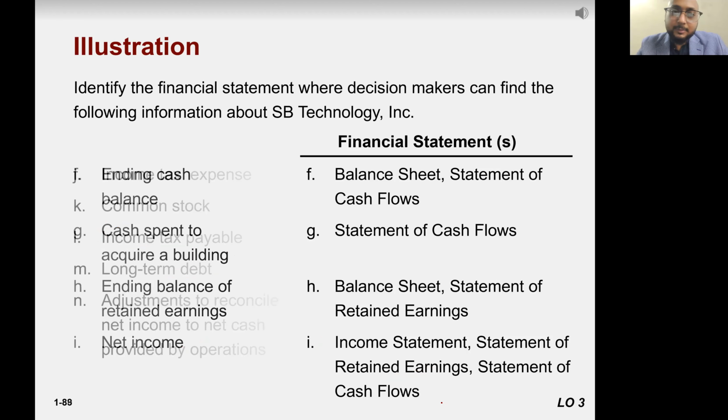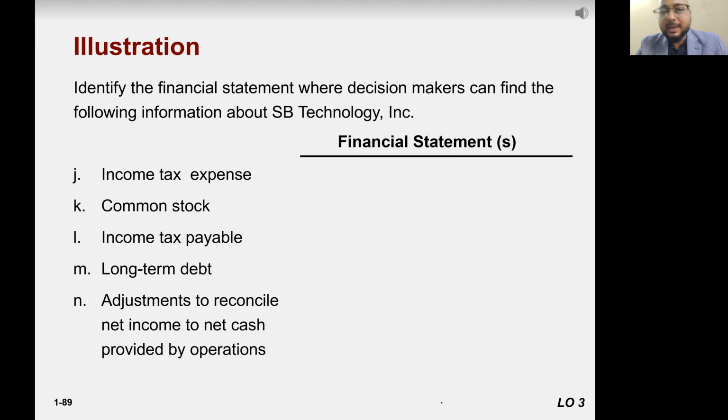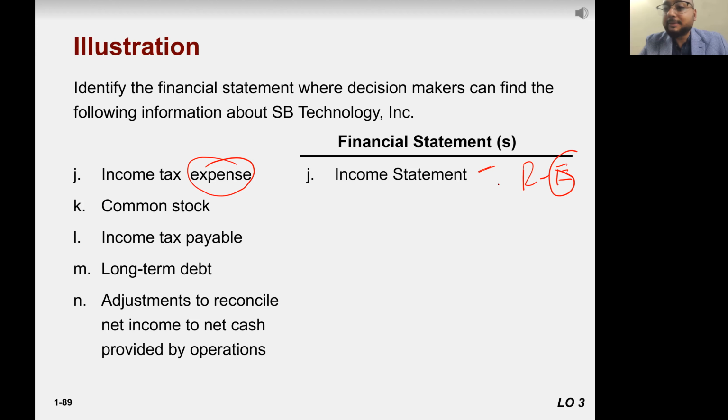Right, all? Well done. How about the income tax expense? Where can we find it? Liability? I mean, balance sheet, I guess. Only prepaid expense will be found in the balance sheet. So income tax expense will be found in the income statement, because that is the only statement which shows revenue minus expenses.